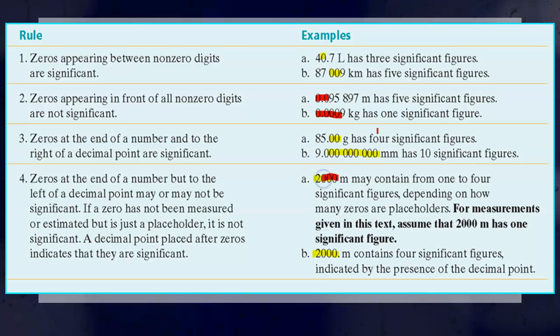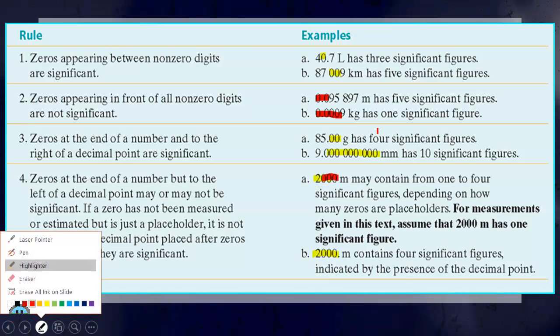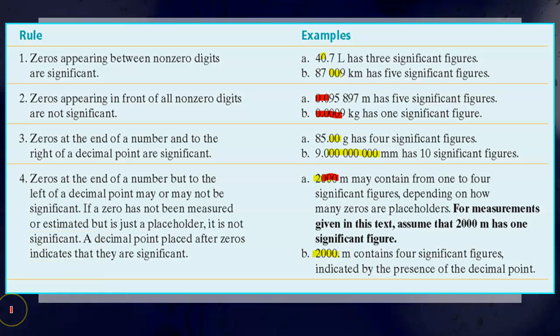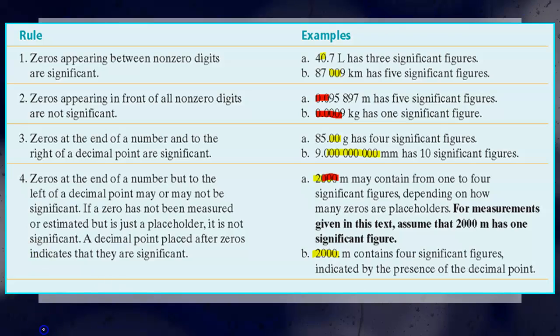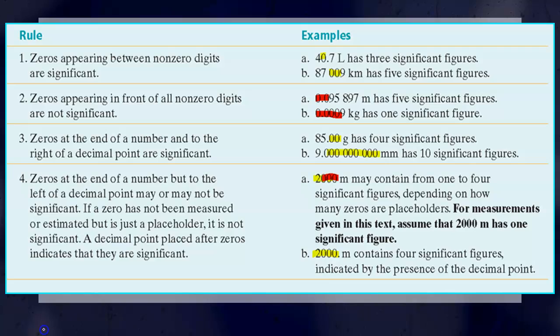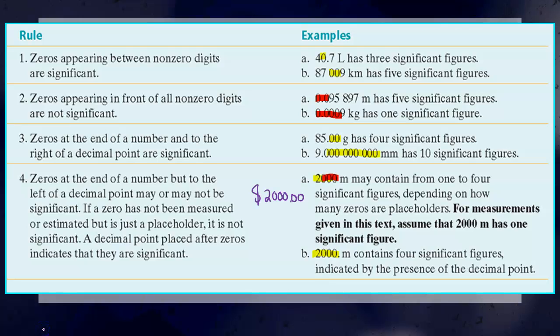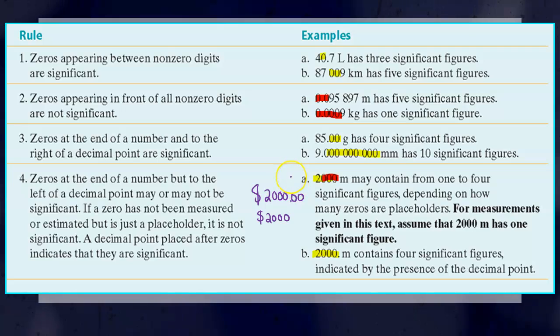The way I think of it, if I have a bank account, and I know that I have $2,000 to the penny, like I received $2,000 exactly, and I know to the penny I have $2,000. That's going to have 6 sig figs, or if I could write it like this, that has 4 sig figs if I put a decimal there.